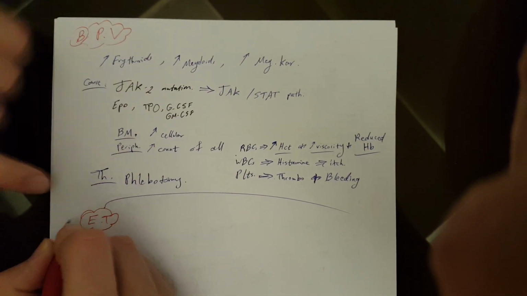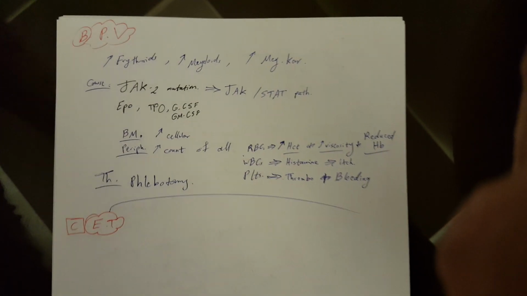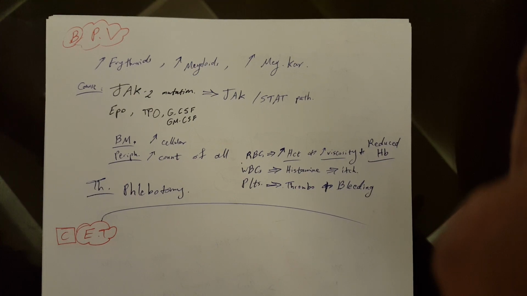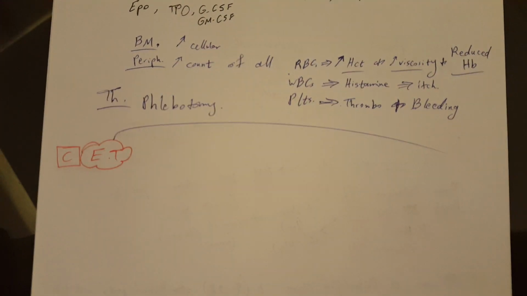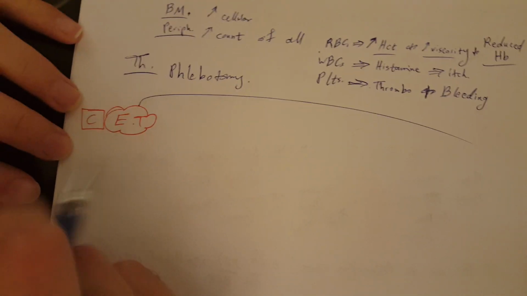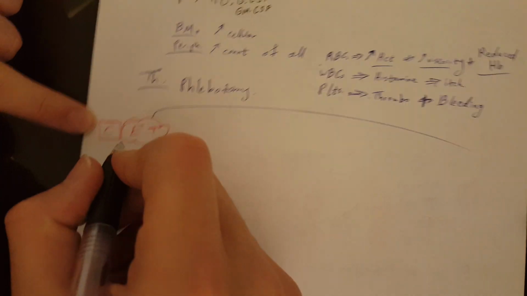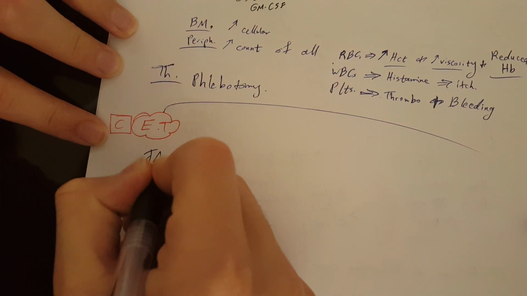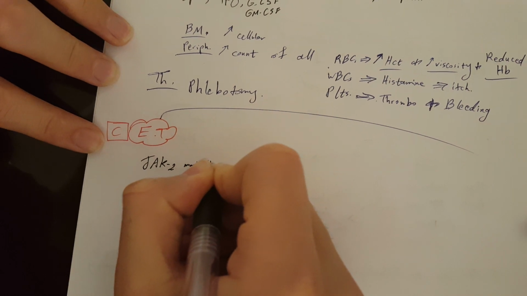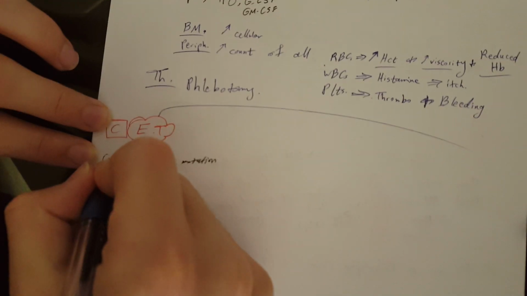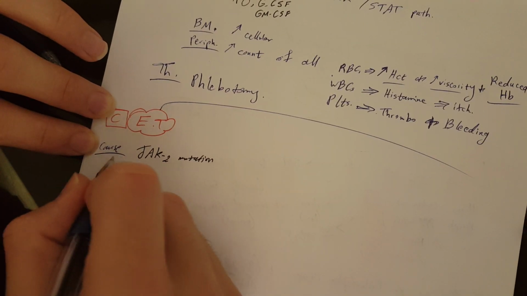ET, that's number B. Now we are at number C. So, ET, essential thrombocytosis. Since it's a type of myeloproliferative disease, the cause is also a JAK2 mutation. This is the cause, but to a lesser extent.